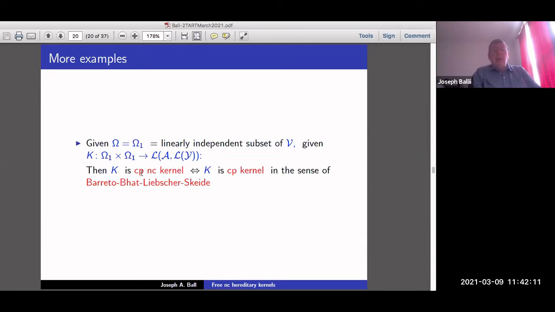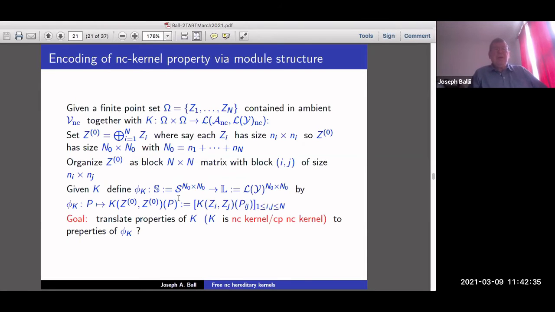Then K is a completely positive noncommutative kernel exactly when K is a completely positive kernel in the sense of BBLS. So everything fits together. Everything's connected. So the moral of the story is completely positive noncommutative kernels generalize everything.